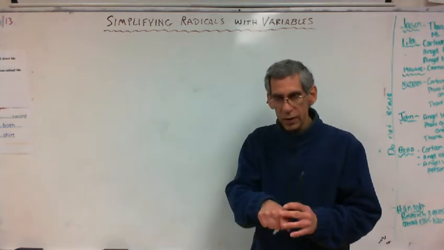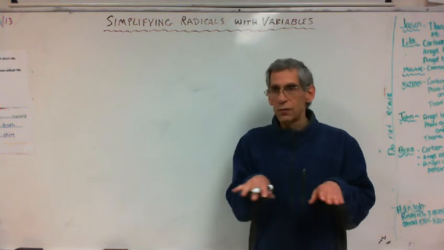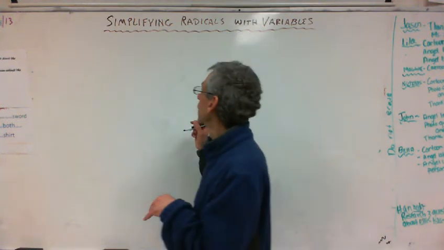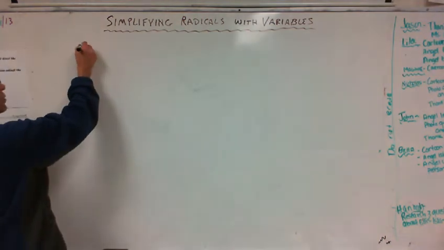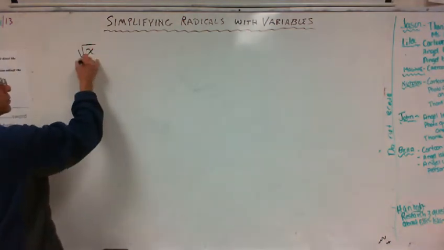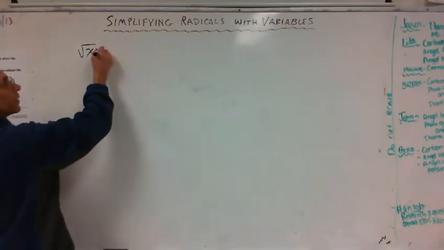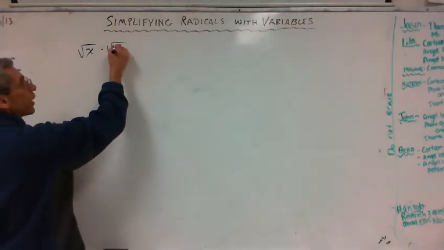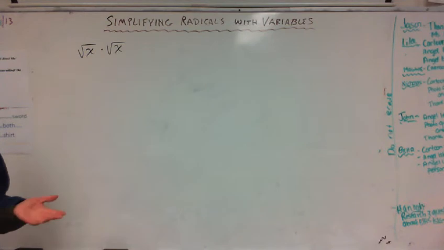So I want to talk about two things that we need to have as a preface to understand this really well. Number one, when you have the square root of anything, I'll just say the square root of x, and I multiply that times the square root of x, what does that give me? It gives me x, right?